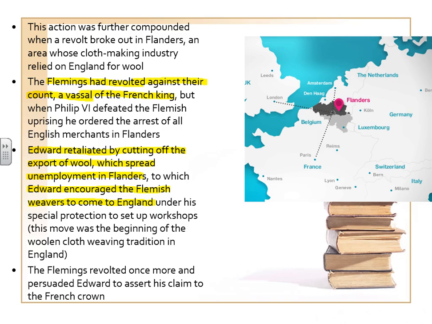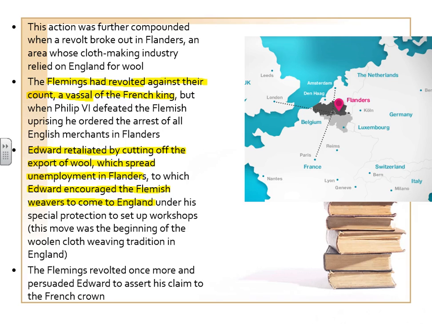So anyway, what happens is there's some unrest in there, and they're unhappy with their vassal, and the King of England, Edward III, encourages them to revolt, and this revolt is put down, okay, by Philip VI, and he arrests all of the English merchants that just happen to be inside of Flanders.